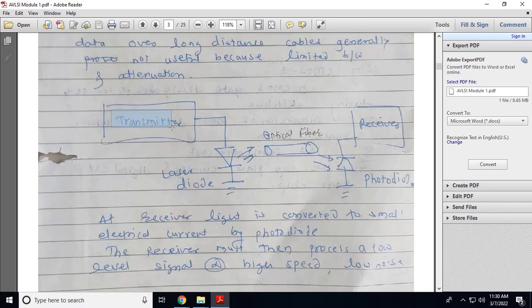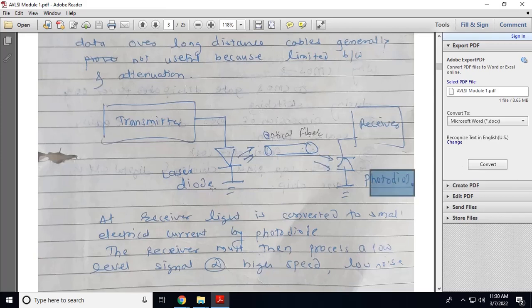This is the transmitter with a laser diode, then the optical fiber, and the receiver with a photodiode. We send the data in the form of light, which falls on the photodiode. At the receiver end, the light signal is converted to an electrical current by the photodiode.